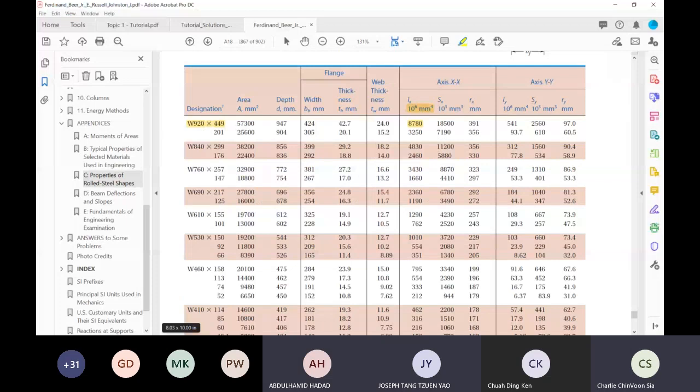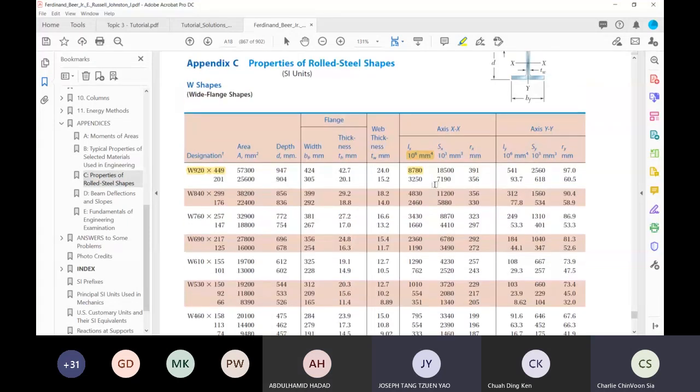He's asking in the chat, do we always get the I value in the x-axis direction? Yes, for the beam, for the deflection of the beam, yes. Any questions regarding this property of the beam?